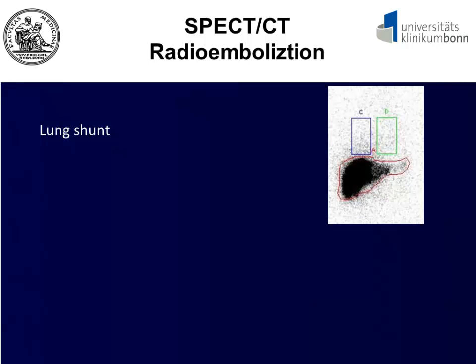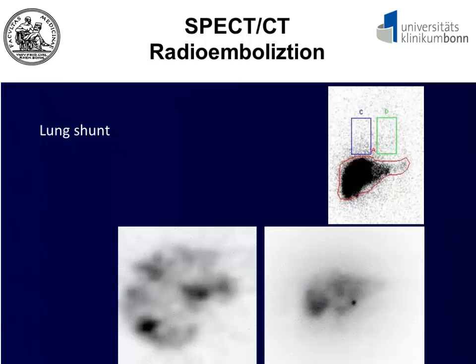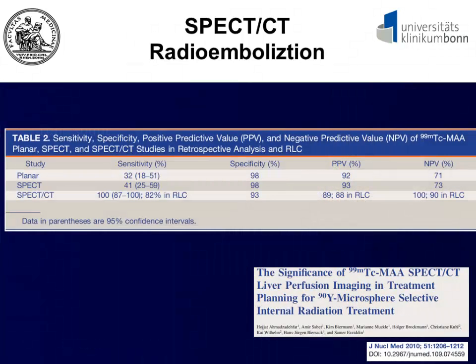I'm going to show you some examples here. Prior to a radioembolization, we first do a test catheter with a technetium MAA scan. We inject technetium MAA or technetium HSA in the liver for evaluating the lung shunt. You can do it with planar imaging, and you can also perform a SPECT to evaluate the liver, or perhaps find some extrahepatic accumulation.